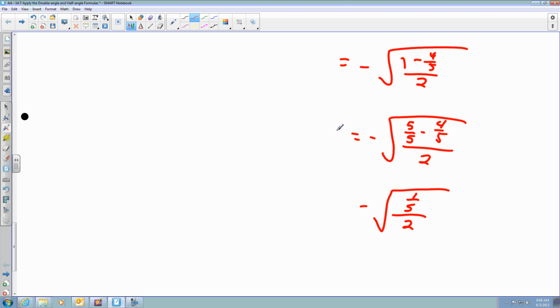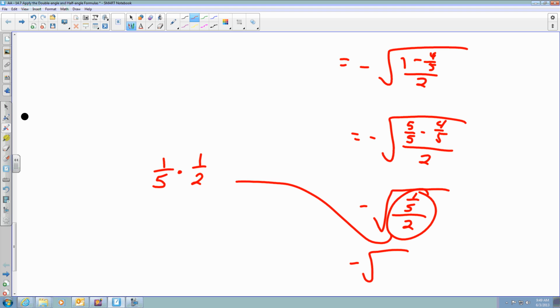Now I'm just going to pay attention to the fraction. I'm going to say 1 over 5 multiplied by 1 over 2, which gives me a minus square root of 1 over 10. So I'm going to multiply by square root of 10 on top and bottom. Then this equals negative square root of 10 all over 10.